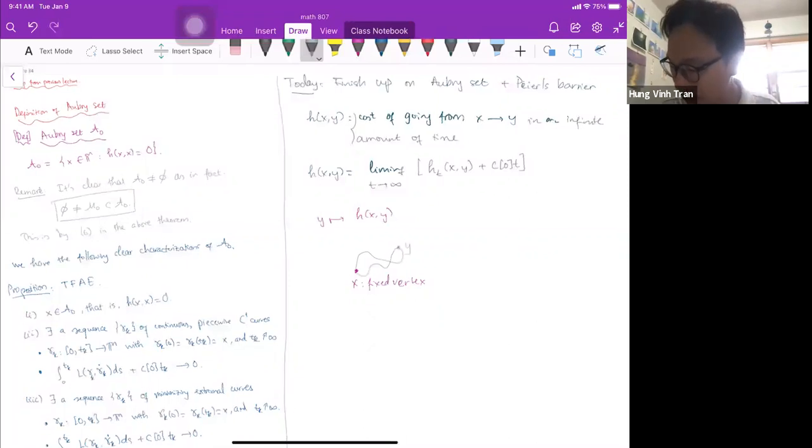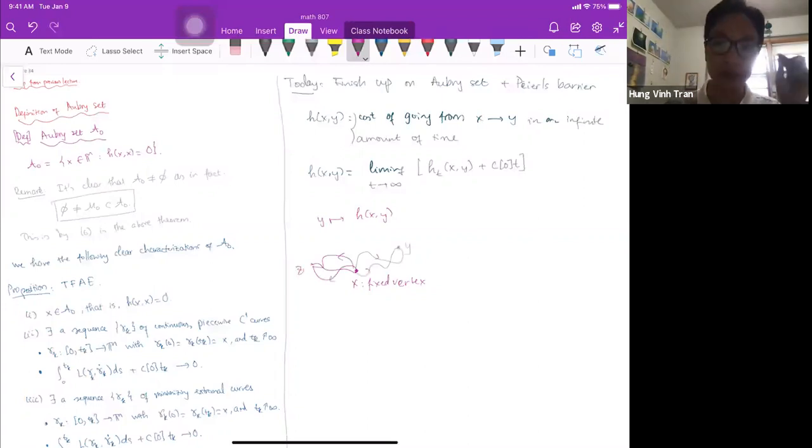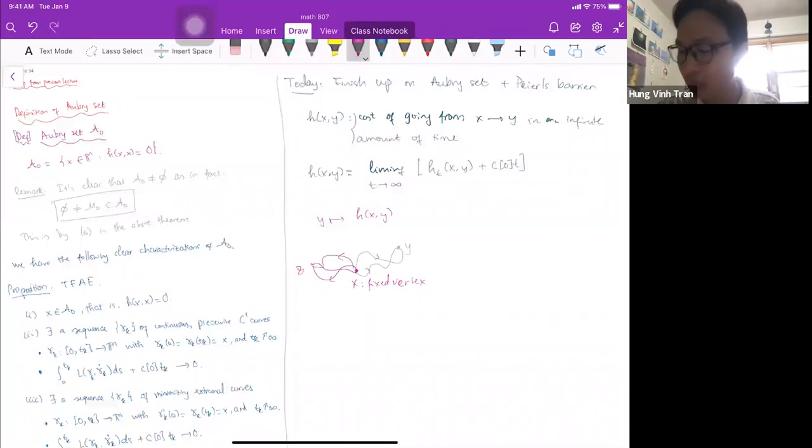And same for z. Here, it's going to be the optimal curves going from y to z, x to z, and stuff like that. So you fix a vertex, and you think of a function like that. For those of you who are familiar with maximal solution, this is different from maximal solution.